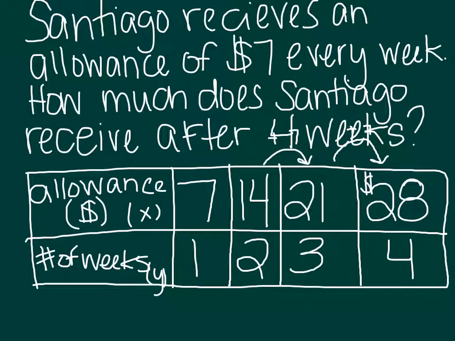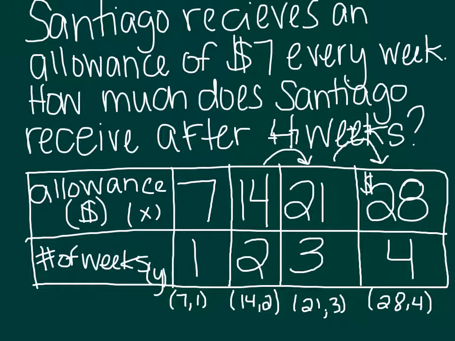So this is my X and that's my Y. My ordered pair would be 7, 1, because remember our ordered pairs go X, Y. Then I have an ordered pair of 14, 2, an ordered pair of 21 and 3, and an ordered pair of 28 and 4.